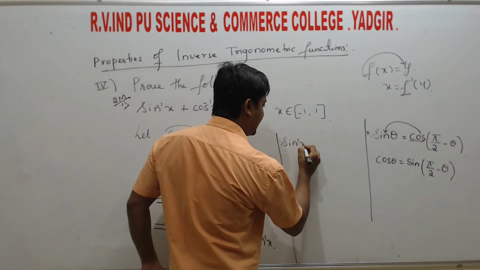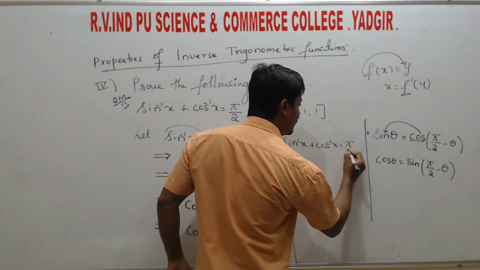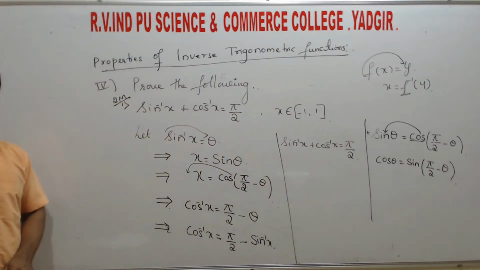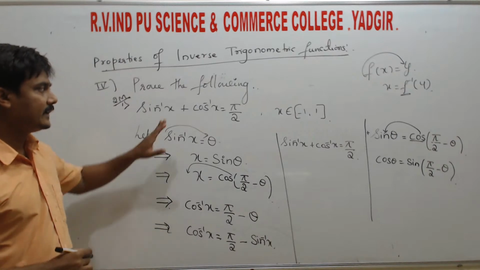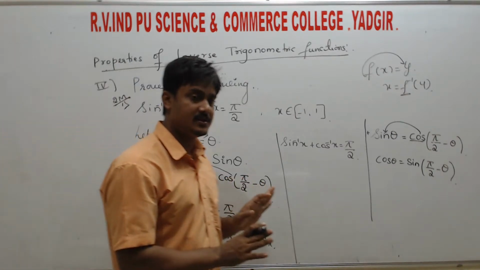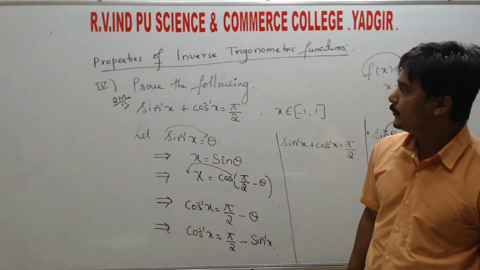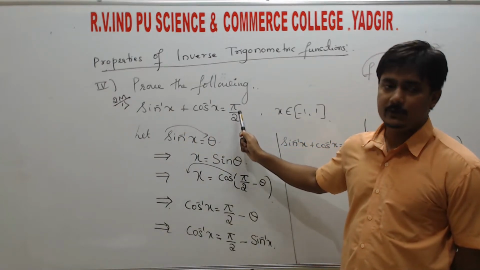So it becomes sin inverse x plus cos inverse x equal to pi by 2. This is the proof. Okay. This is very important from your board examination point of view. We can expect such questions in our board examination. See, what is the result we are supposed to prove here? We are supposed to prove sin inverse x plus cos inverse x equal to pi by 2.